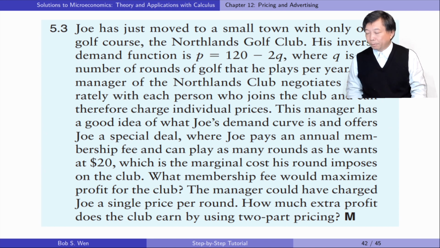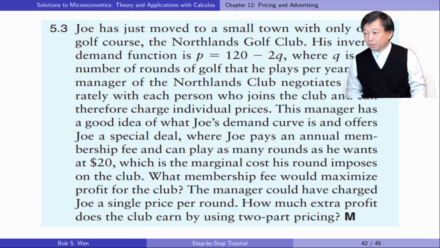Let's do exercise 5.3. Joe has just moved to a small town with only one golf course. His inverse demand function is as follows, where Q is the number of rounds of golf that he plays per year. The manager of the club negotiates separately with each person who joins the club and can therefore charge individual prices.